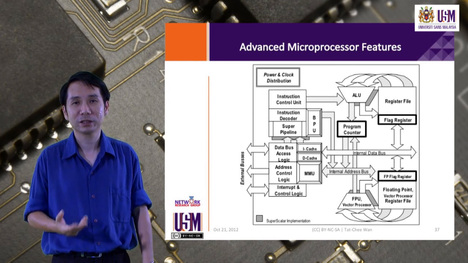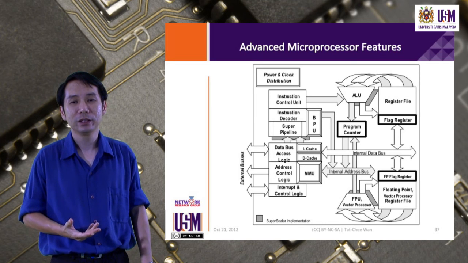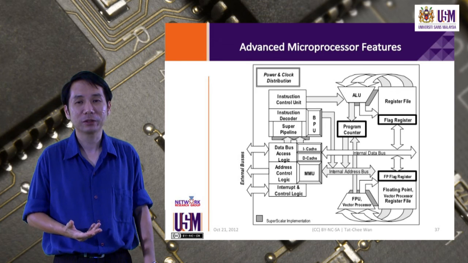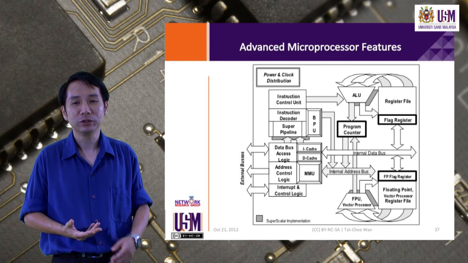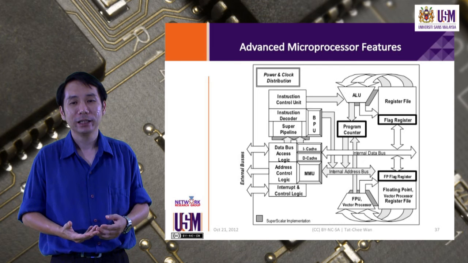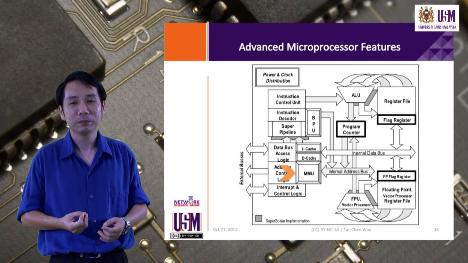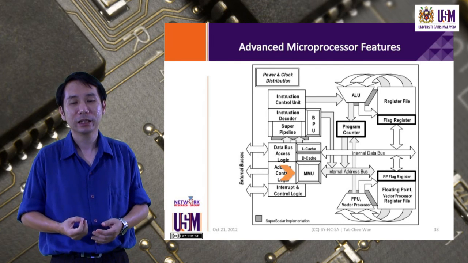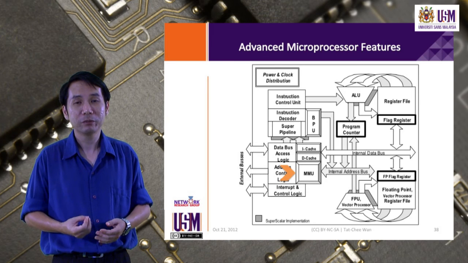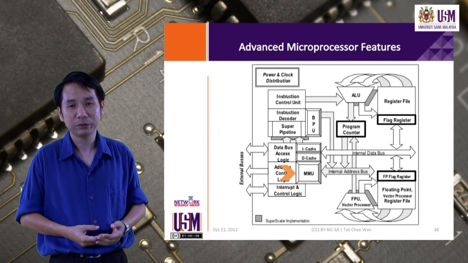Of course, there are processors with more advanced features. In this diagram, we see the modification or enhancement of the basic processor architecture to include things like a memory management unit or MMU that allows us to perform virtual memory access to physical memory.